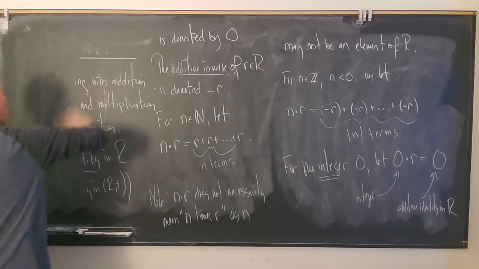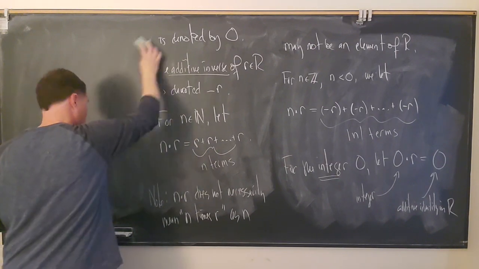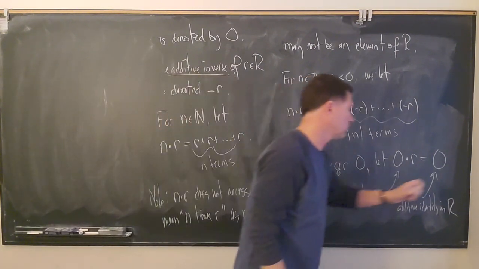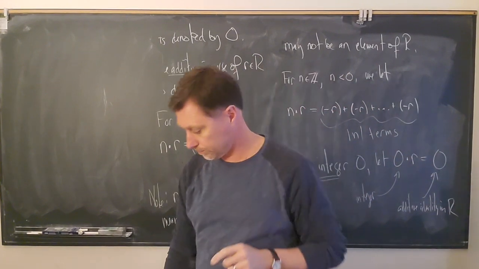When we see 0 dot r, that is going to equal the additive identity in R.